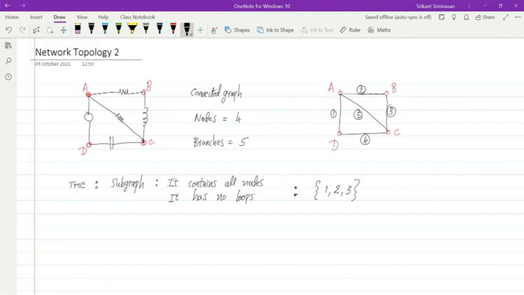So you can have 1, 2, 3, you can have 2, 3, 4, 1, 3, 4, you can have 2, 5, 4, right? So make a list of all the trees. Sir, I think 254 will not touch the B node. Why will 254 not touch B? Okay, 254. Oh, okay, yes. Okay. Similarly, 153.